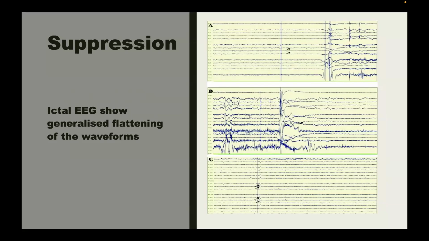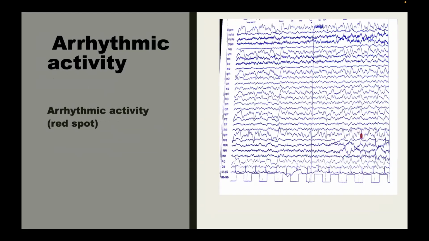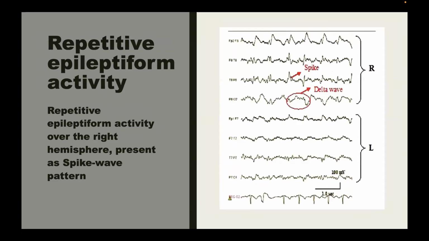So if any patient has a clinical ictal event, we should focus on the flattening of the background. And this is a very difficult pattern of the EEG: repetitive activity.